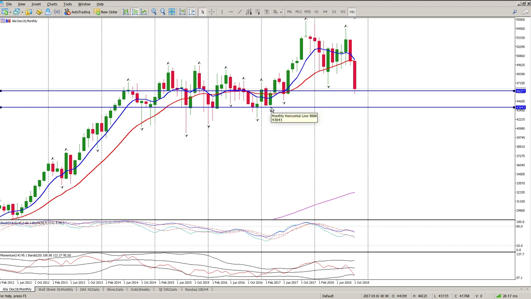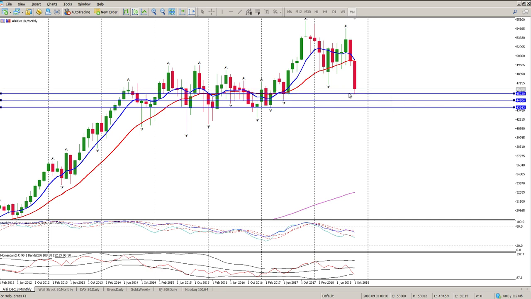There's a low of last year, and there is the next low. Now, the first thing is that we have pierced below this first level of 46,077, and we'll probably find that we've got to 46 here.